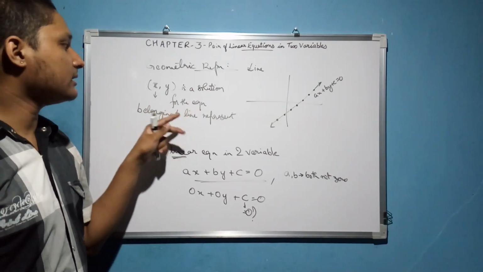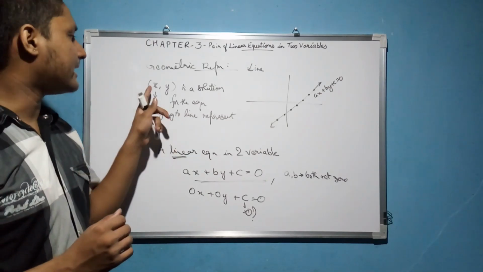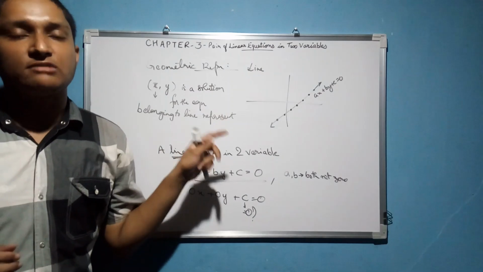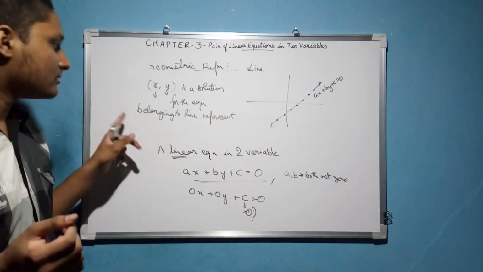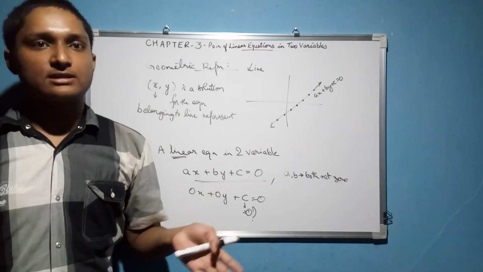Or I can tell it the other way also: if x comma y is a solution for the given equation, then it belongs to this line. That is a vice versa statement.